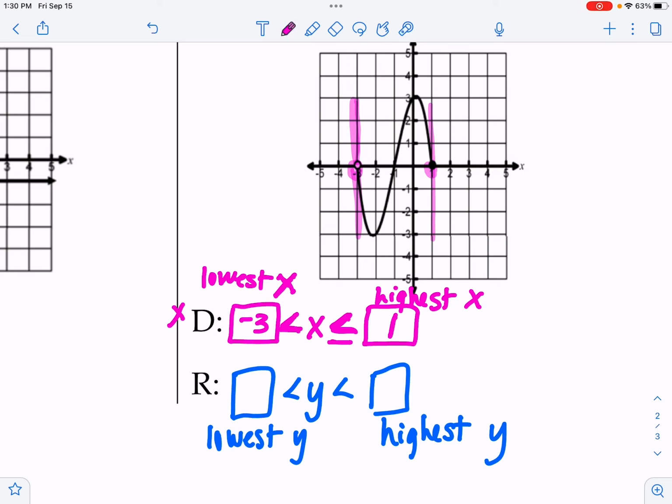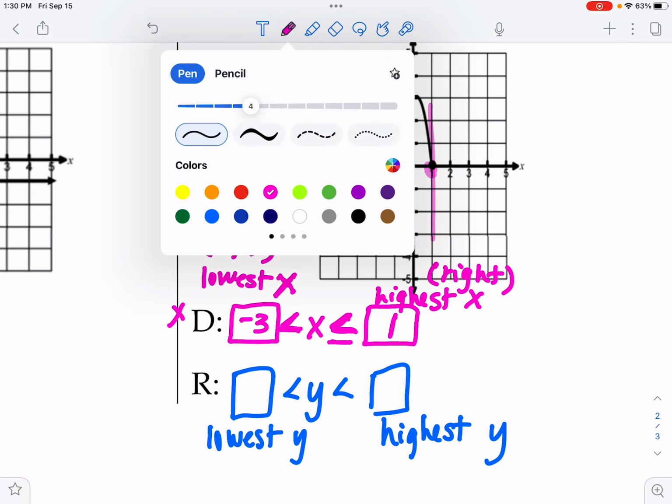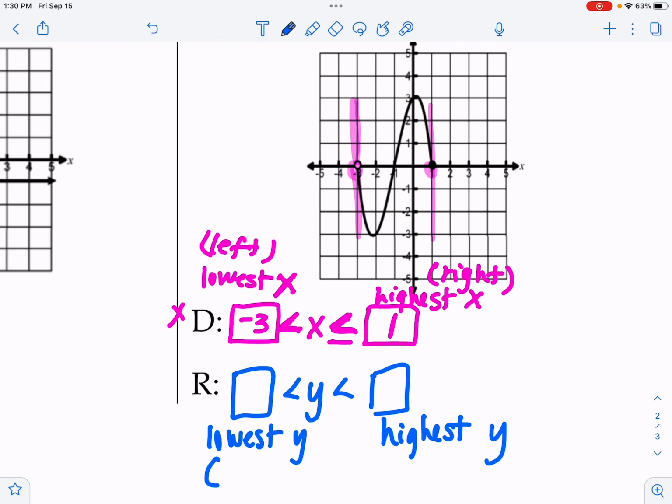So for domain, we're looking for the left side of the box. And then for the highest, we're looking for the right side of the box. When we're dealing with range, we're looking for the bottom of the box and the top of the box.